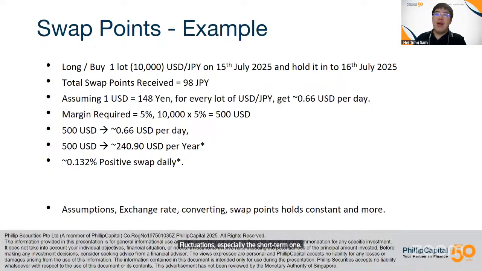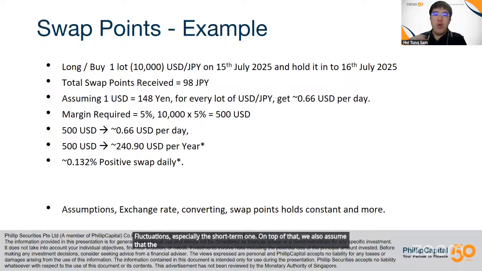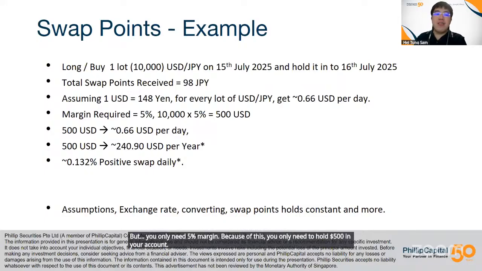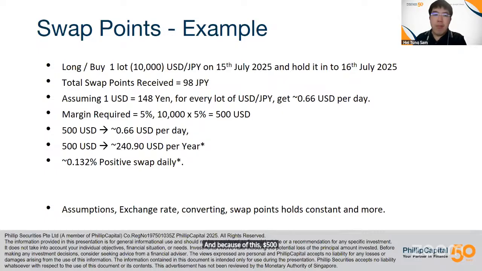On top of that, we also assume that the $1 equals 148 yen does not appreciate or depreciate. Then, because the contract is for 10,000 US dollar but you only need 5% margin, you only need to hold 500 US dollar in your account. And with this 500 US dollar, you can generate about 0.66 US dollar per day.